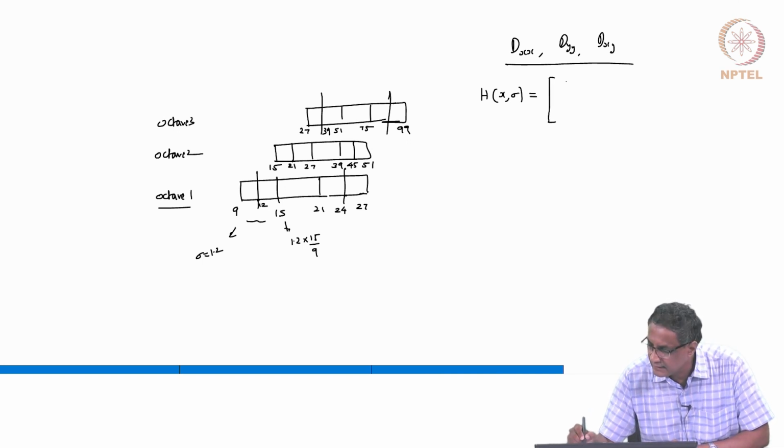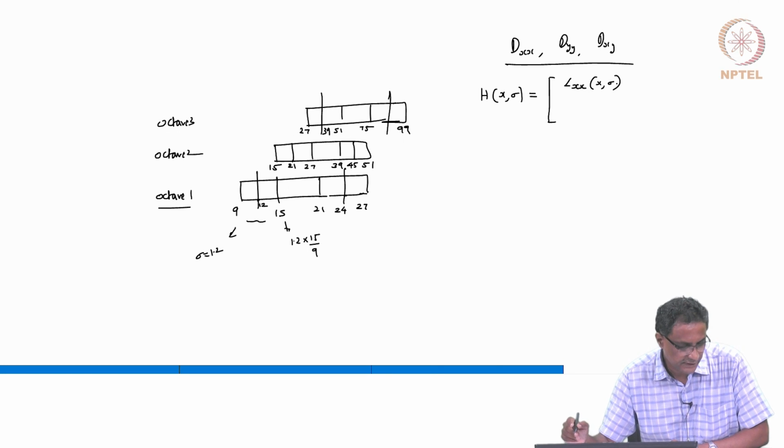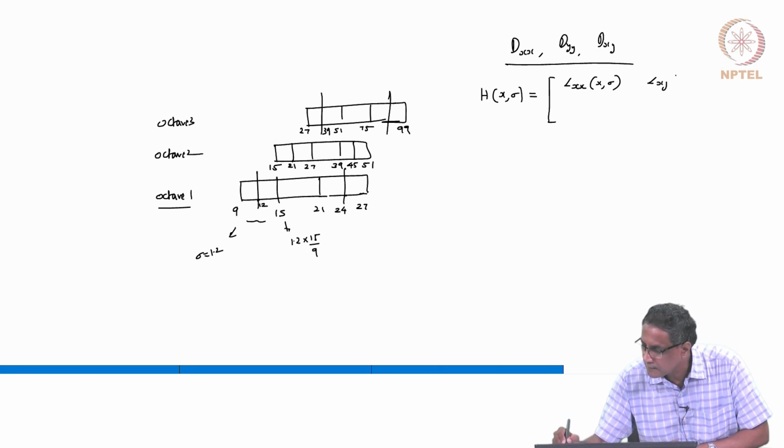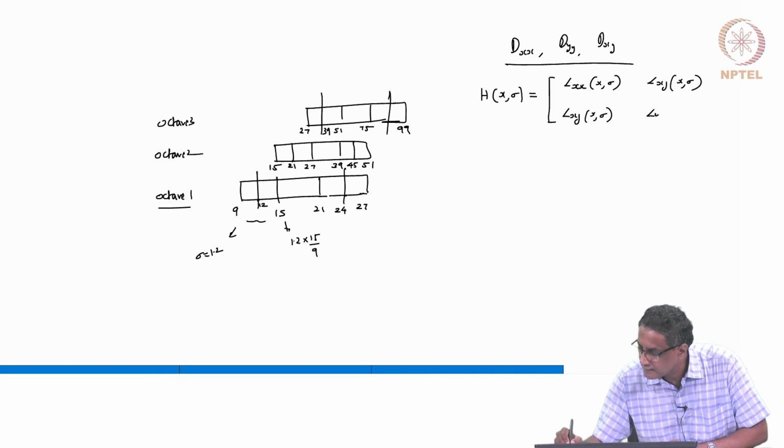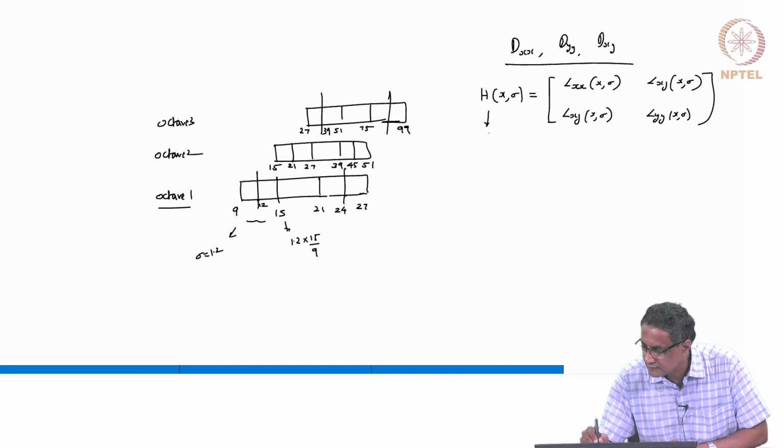Ideally this is the matrix Lxx of x comma sigma, Lxy of x comma sigma, Lxy of x comma sigma, Lyy of x comma sigma. This is the Hessian.